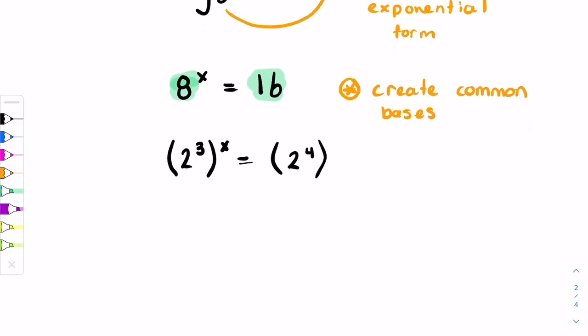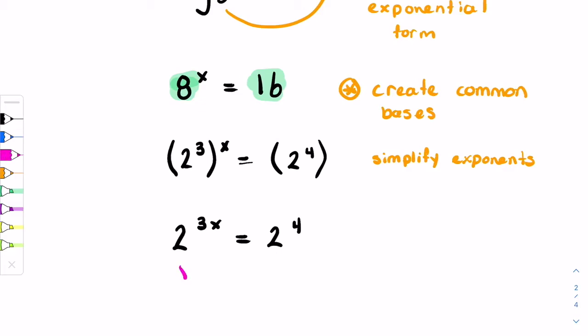Once you create a common base, you need to simplify your exponents, if possible. When you have a power to a power, you can multiply them together. I'm going to rewrite the left side of my equal sign as 2 raised to the power of 3x is equal to 2 raised to the power of 4.